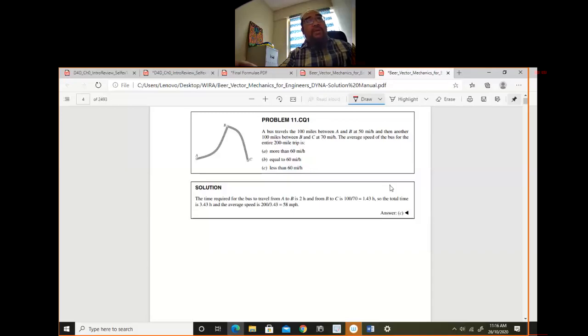It is mentioned here v equals ds/dt. If this is speed, the term s will be the total distance.